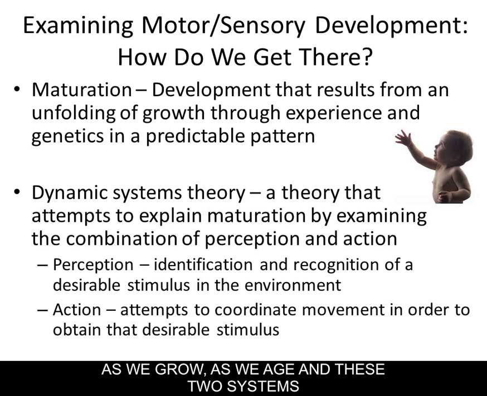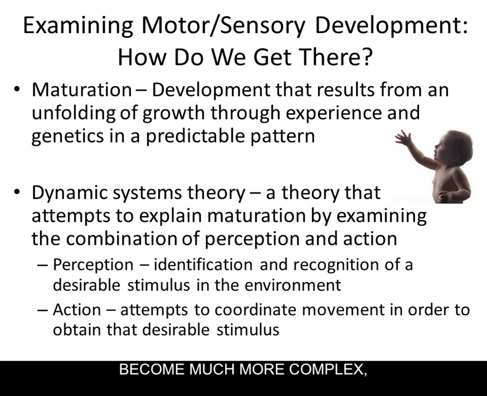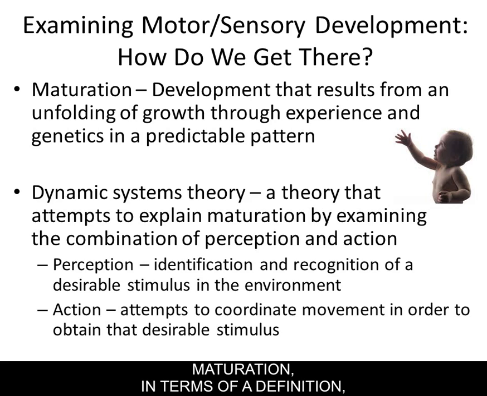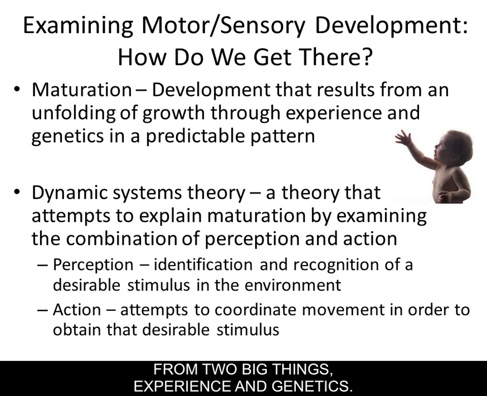As we grow, as we age, and these two systems become much more complex, we go through a process that we call maturation. Maturation, in terms of a definition, is development that results from two big things: experience and genetics.